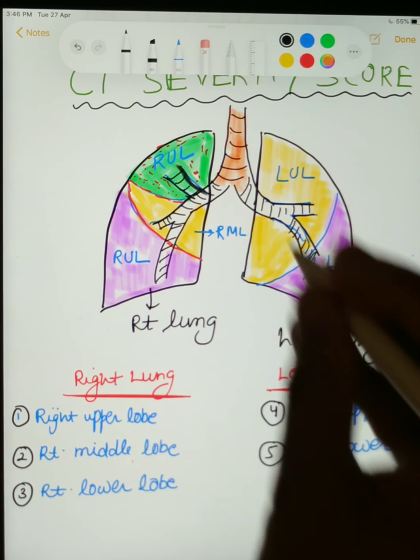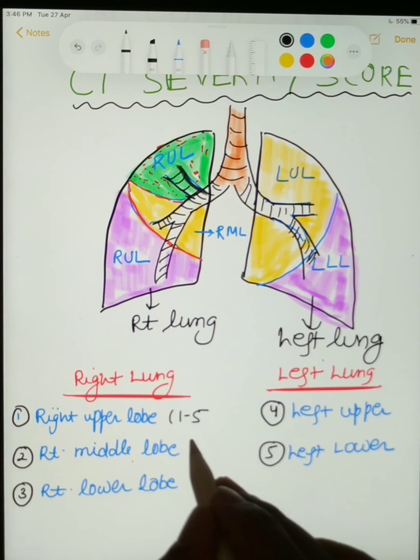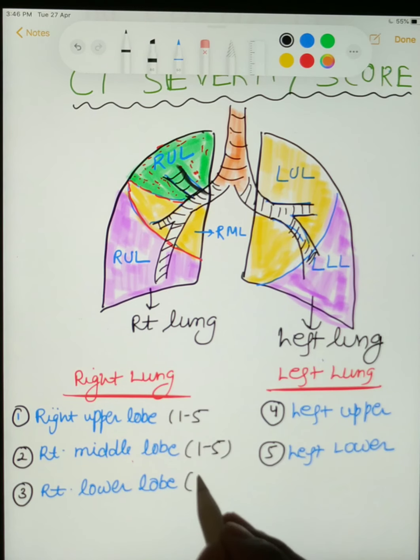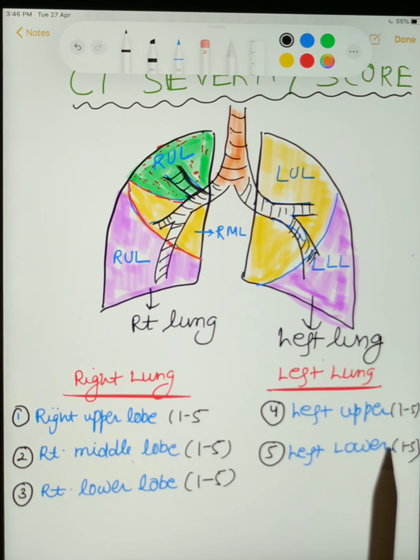So in CT severity scoring, each lobe is given a number 1 to 5. So total number is 25.